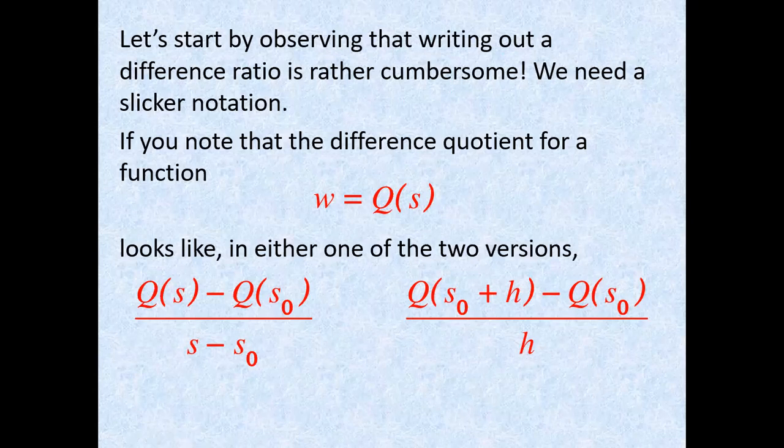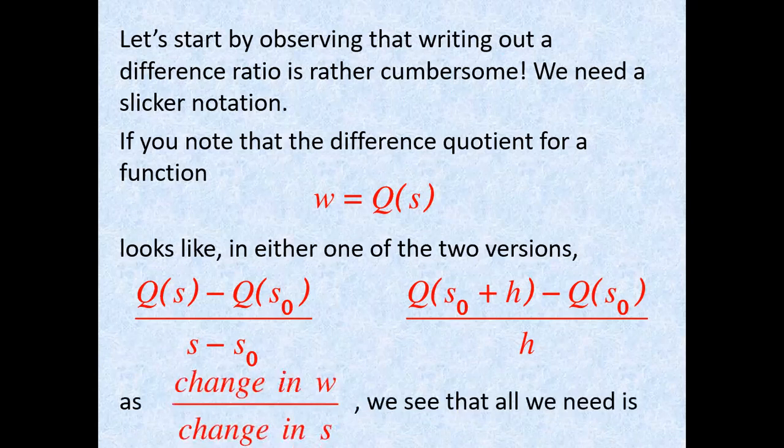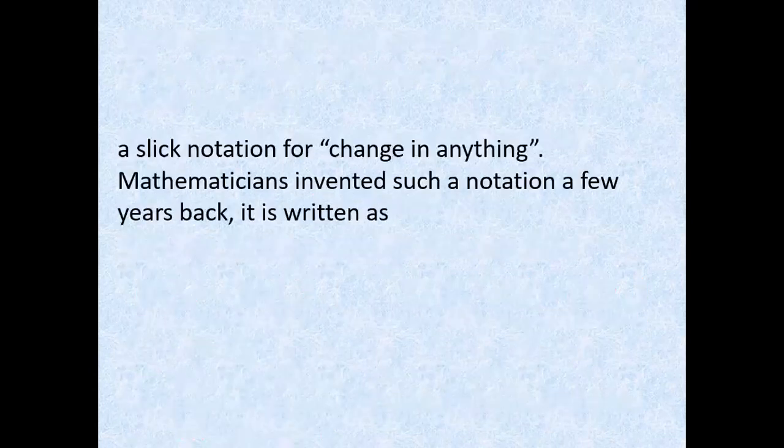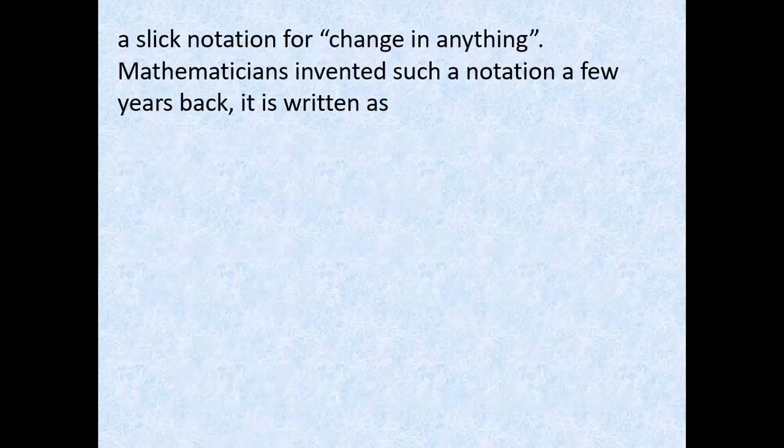Why? We will see in the coming slides as a change in w all over the change in s. We see that all we need is a slick notation for change in anything. So mathematicians invented such notations a few years back.